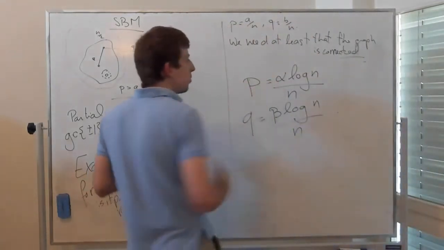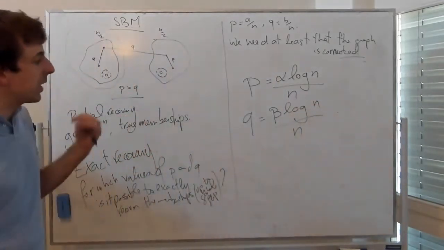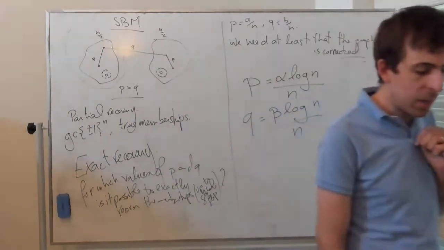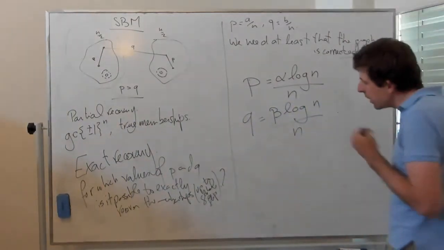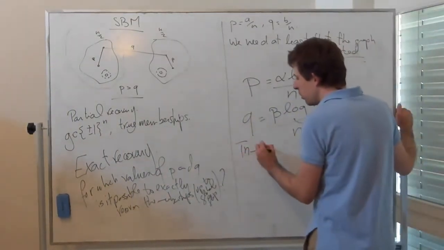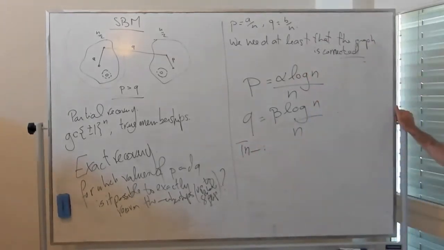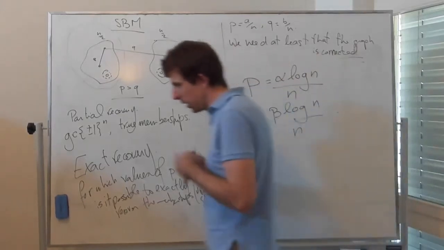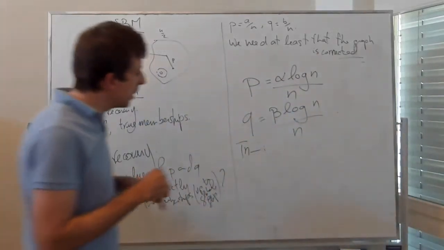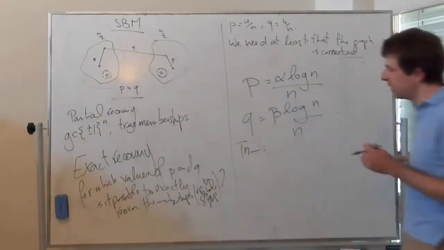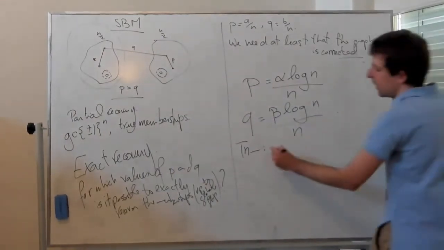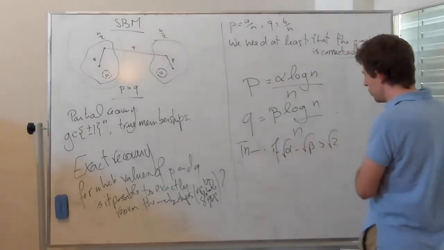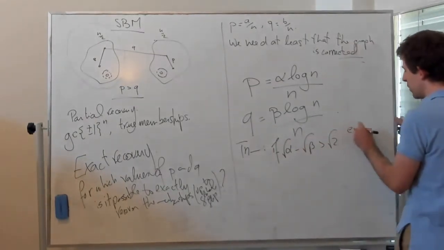Now we can ask, for which values of alpha and beta is exact recovery possible? One can prove the following theorem, which I won't prove here, but we'll get to something quite similar, and I'll explain how something like this is proven. We can prove that a very nice phase transition happens: if square root of alpha minus square root of beta is bigger than square root of 2, then exact recovery is possible.